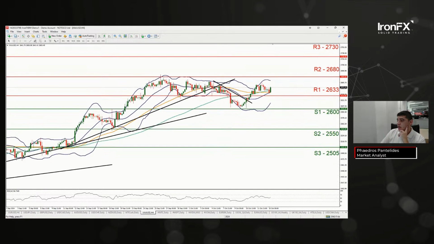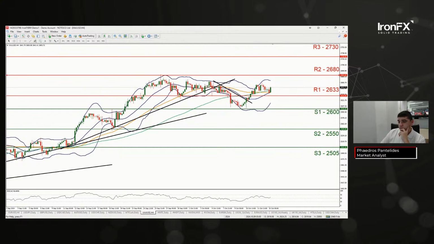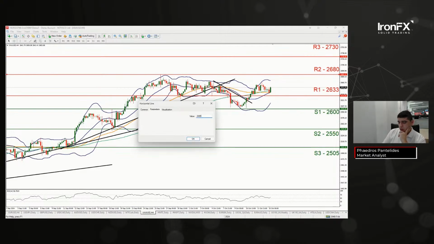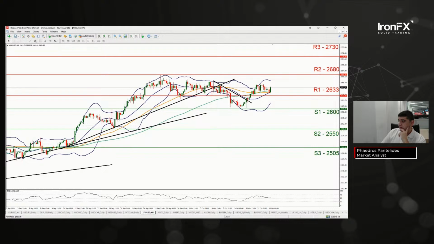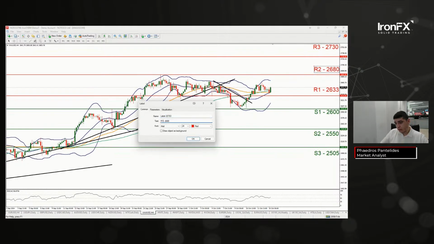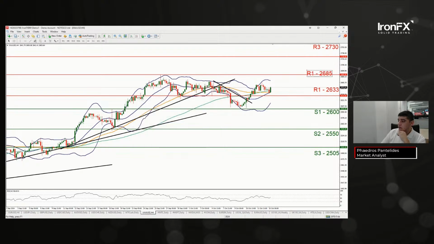We've placed target 1, so our R1. We need to take this into consideration, which is the all-time high figure. 2,685, which is the new R1. Right, $5 above that, R2 level.